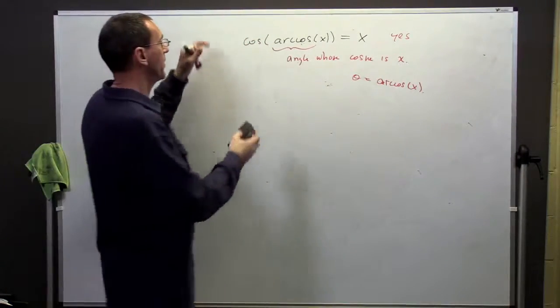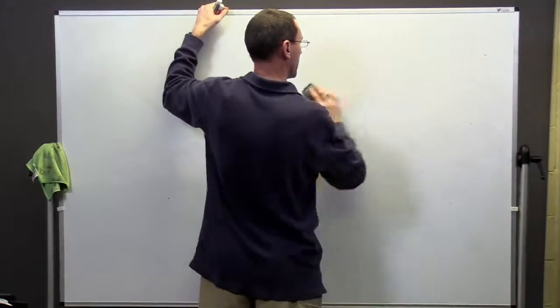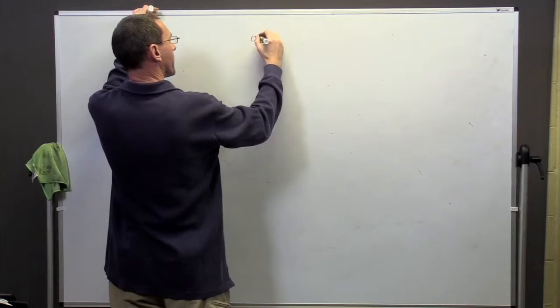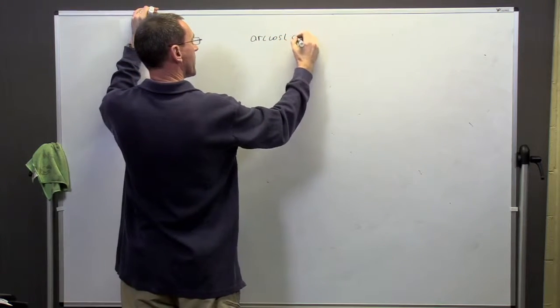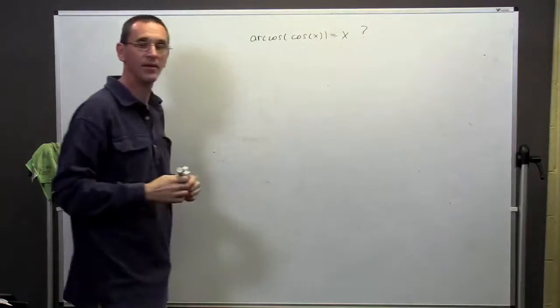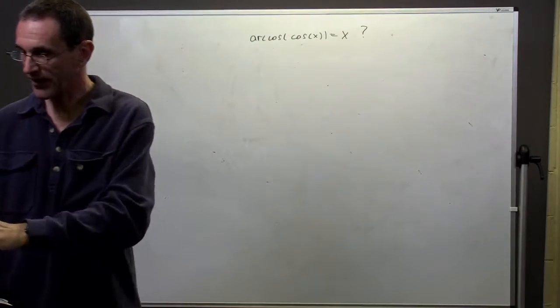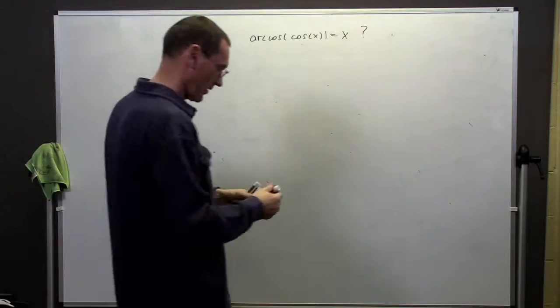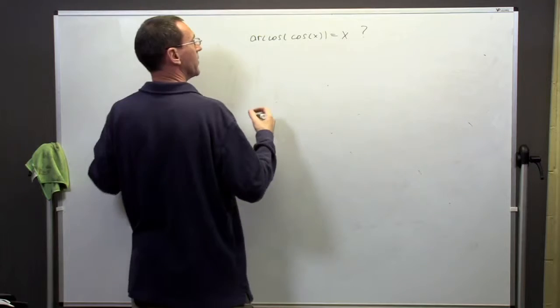Let's turn this around, though. What happens if I take the arc cosine of the cosine? Now, by definition, if x is between 0 and pi, everything is fine, okay?